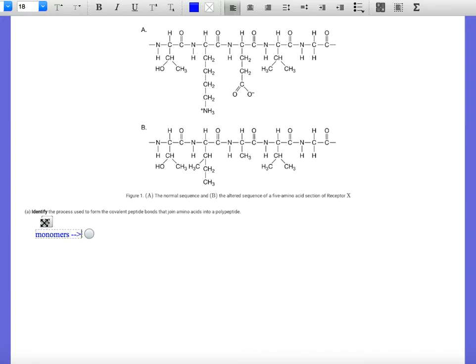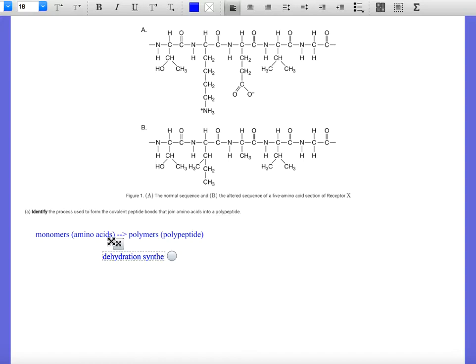In this case, the monomers are amino acids, and they get formed into polymers, which in this case is a polypeptide. And the way that happens is through this process of dehydration synthesis.